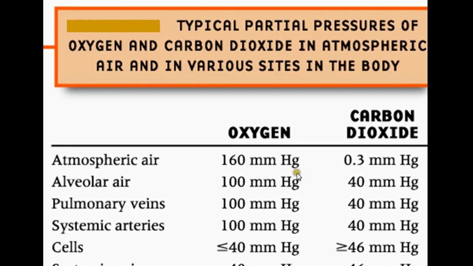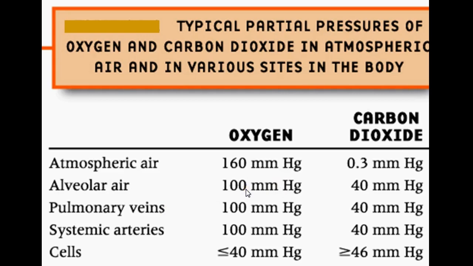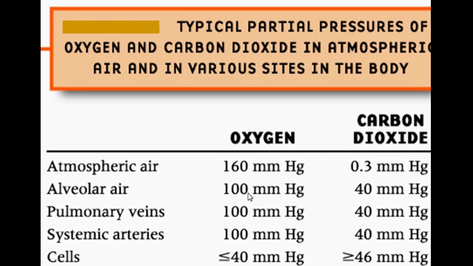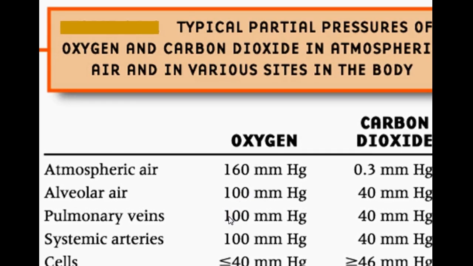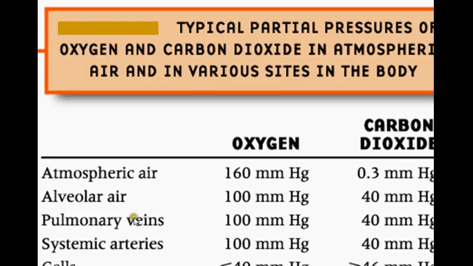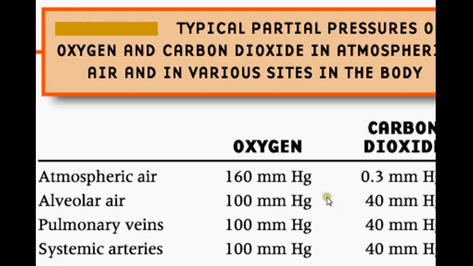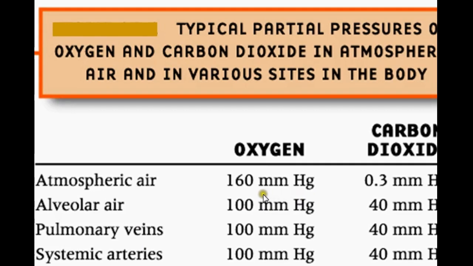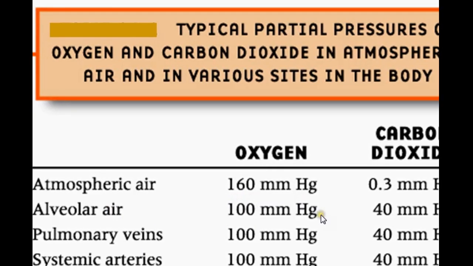Now, this 100 mmHg is present in the alveoli, where the pulmonary vessels exchange the blood. In the pulmonary capillaries, the blood comes to the alveoli, and here the exchange takes place. So just remember that the partial pressure of oxygen in the alveoli is 100.